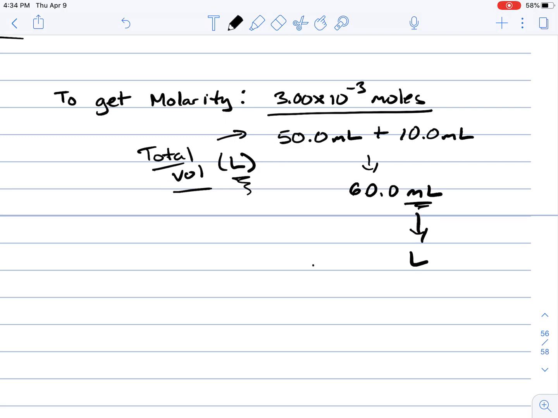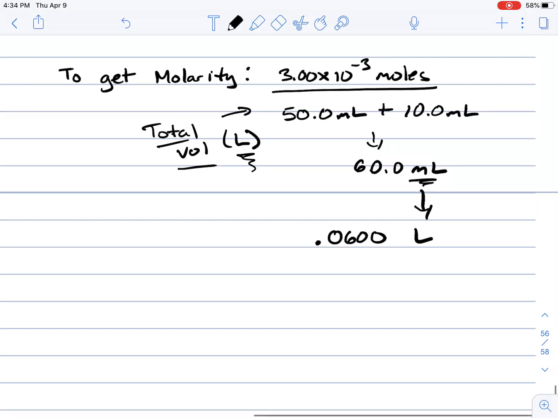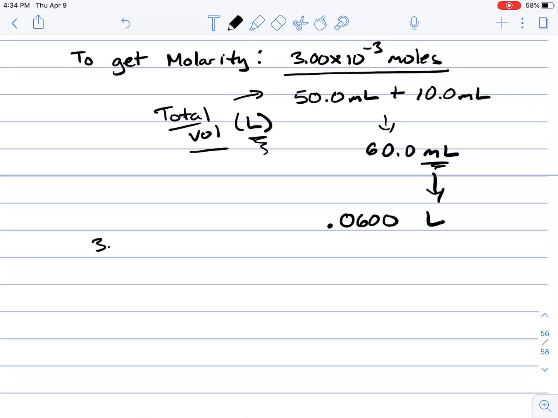We're just going to move the decimal place 3 times to the left, giving us 0.0600 liters. And so we're going to take these 3.00 times 10 to the negative 3 moles of H plus that we have remaining and divide it by 0.0600 liters, and that's going to give us the pH of our solution.